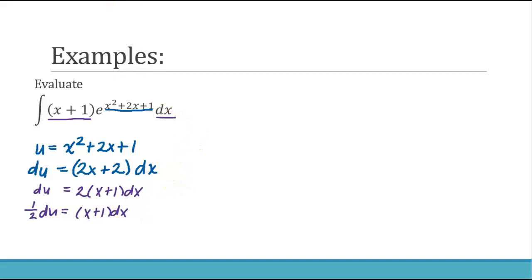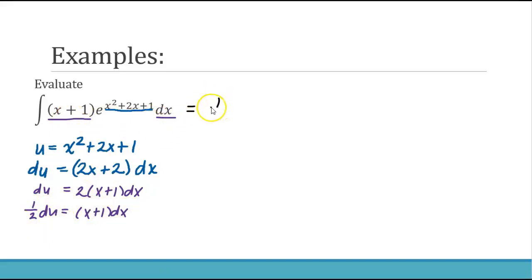So my new integral is going to become, and I'm going to do things a little quicker this time, so I'm not going to bother rewriting it. Notice I didn't put the x plus 1 over here by the dx, but I want you to notice the x plus 1 and the dx gets replaced by 1/2 du.